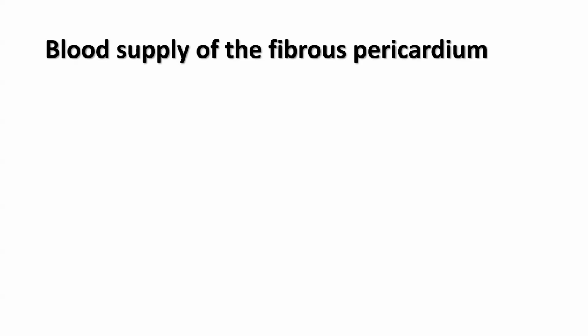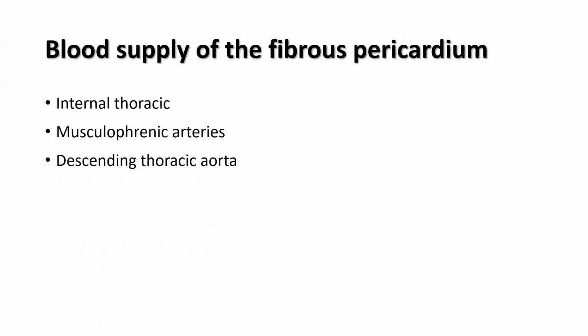So, anterior aspect of the fibrous pericardium will be supplied by internal thoracic artery and musculophrenic artery. But posterior aspect of the fibrous pericardium, we know the fibrous pericardium is posteriorly related to the descending thoracic aorta. So, posterior aspect will be supplied by pericardial branches of the descending thoracic aorta. So, that is the blood supply of the fibrous pericardium.